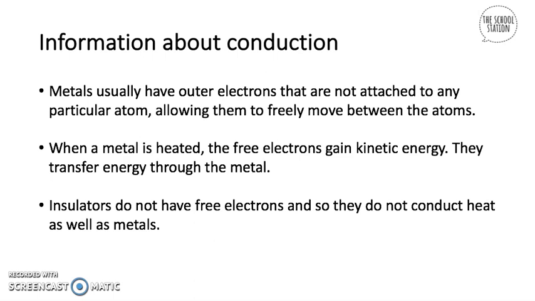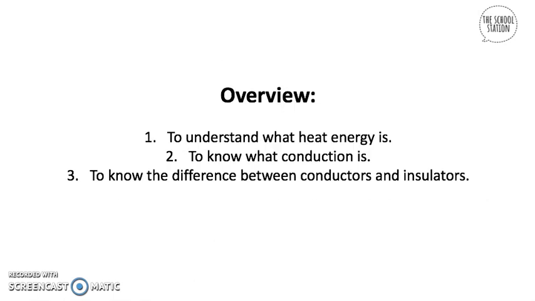Insulators are usually non-metals, and usually non-metals do not have free electrons on the outside. So this is why they're not able to freely move, and this is why they're not able to conduct heat as well as metals. But as I said, insulators still do conduct heat, but it's very slow, or they're not able to transfer heat properly. So that's basically everything about conduction.